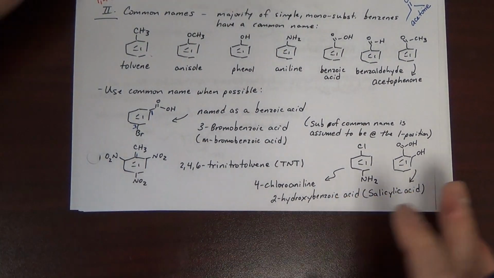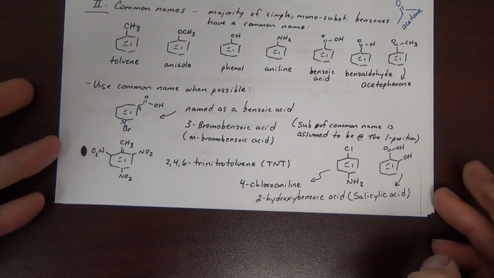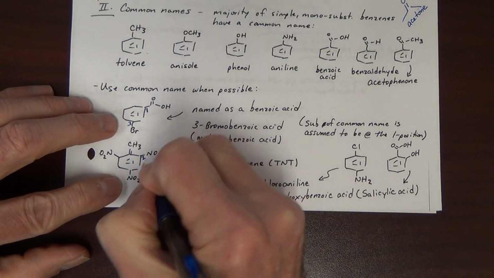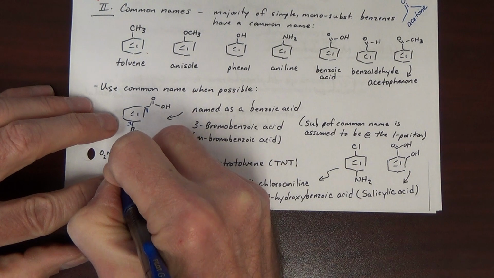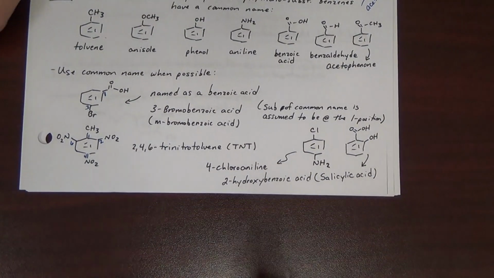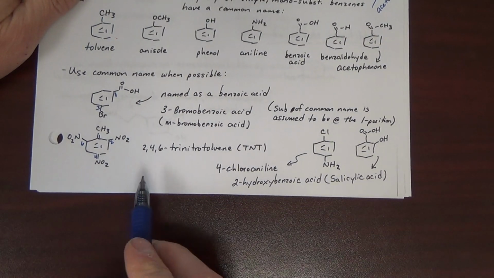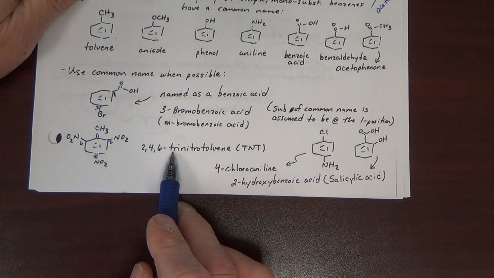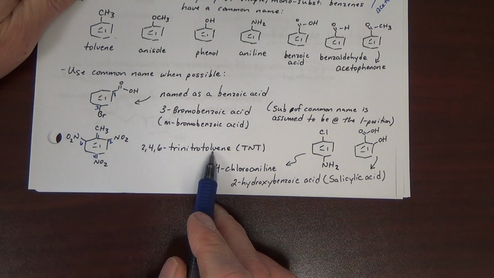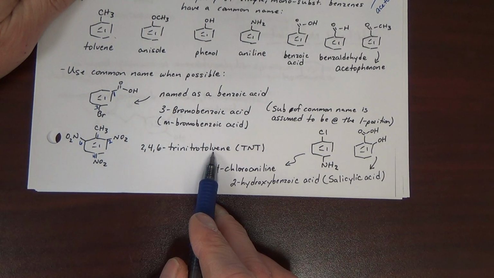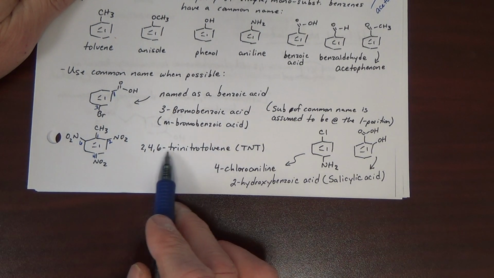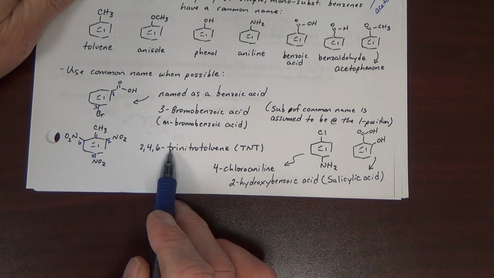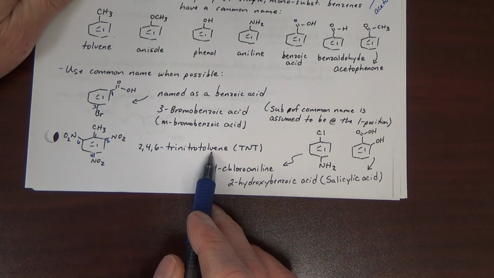The substituent of the common name is the one position. Then this is 2, 4, 6. So the name of this compound becomes 2,4,6-trinitrotoluene. Because we can just lump the nitros together, indicating where they're positioned, 3 of them, toluene.